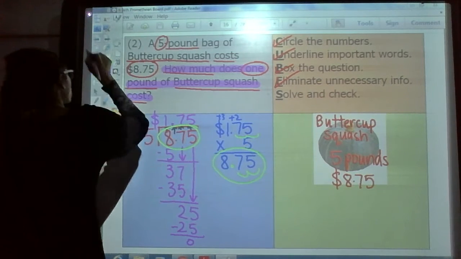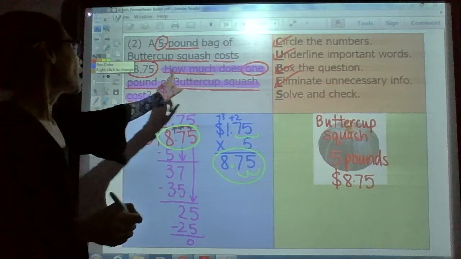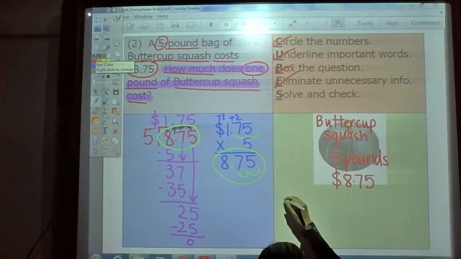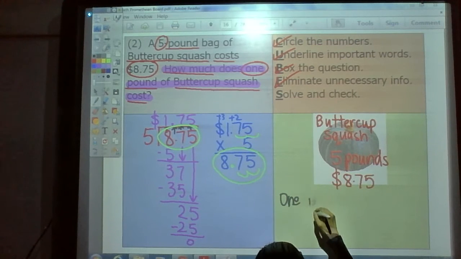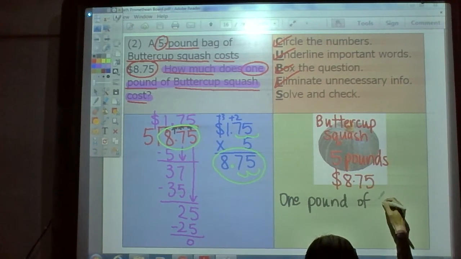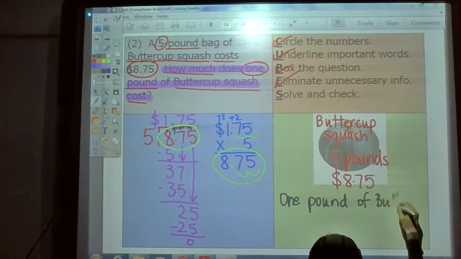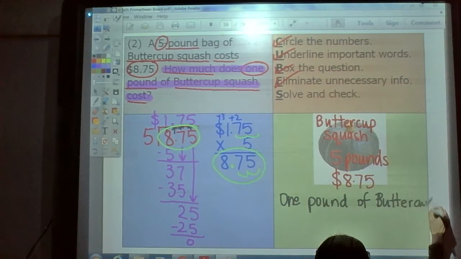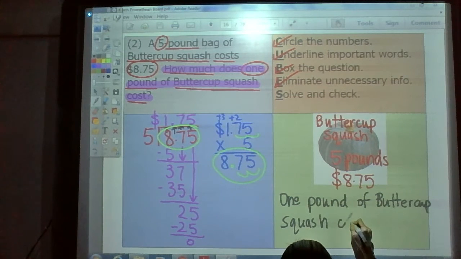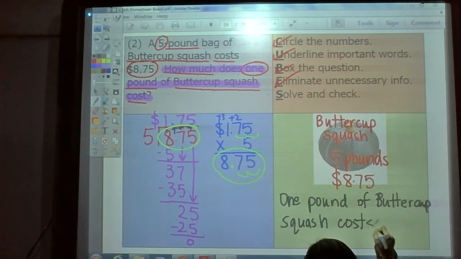Last thing we need to do is write our answer down. How much does 1 pound of buttercup squash cost? Let's write it down here. 1 pound of buttercup squash costs what?